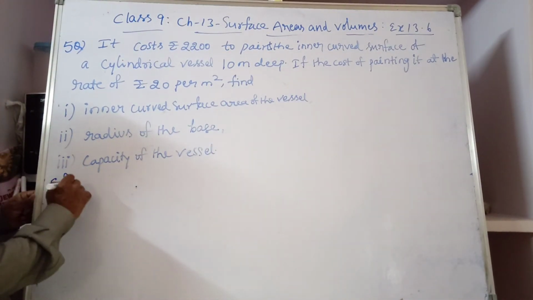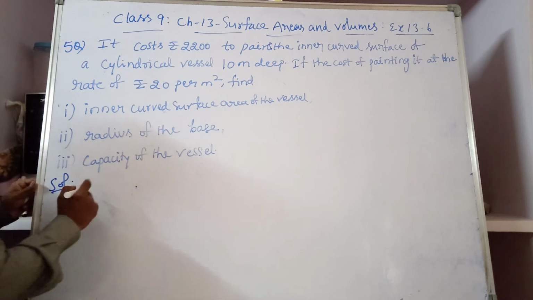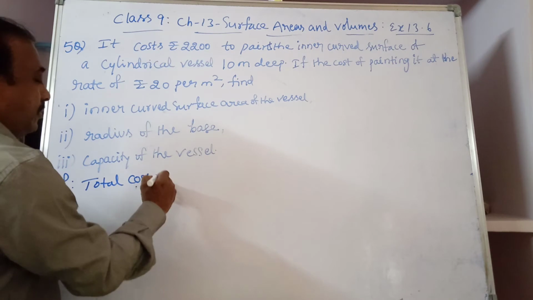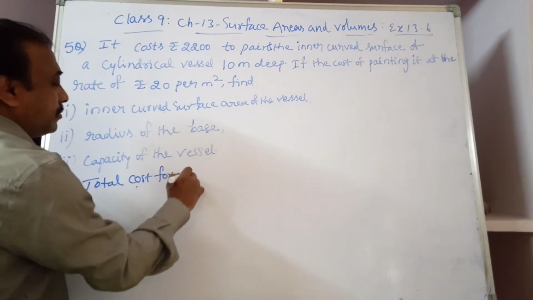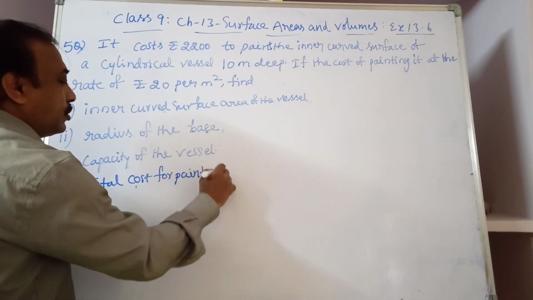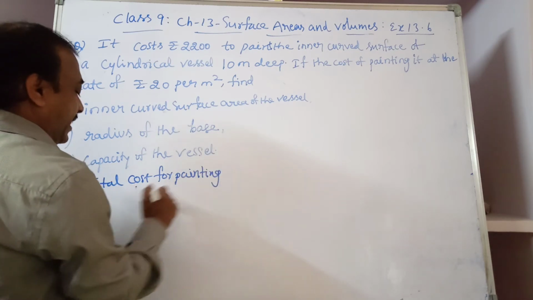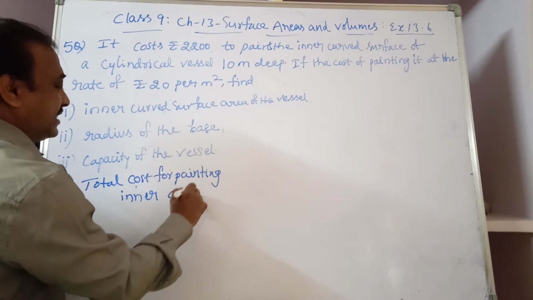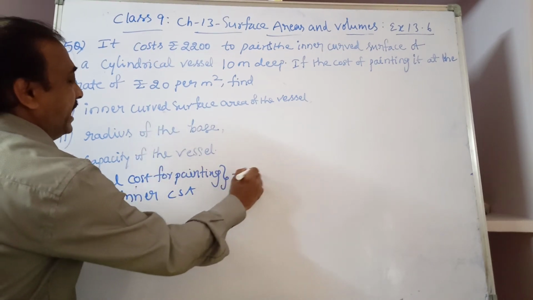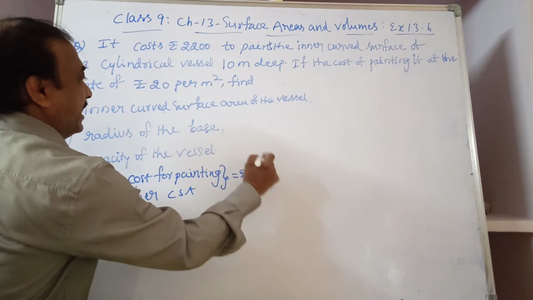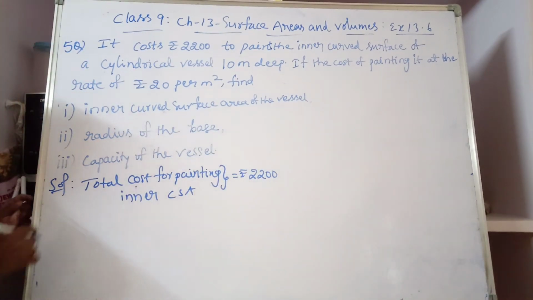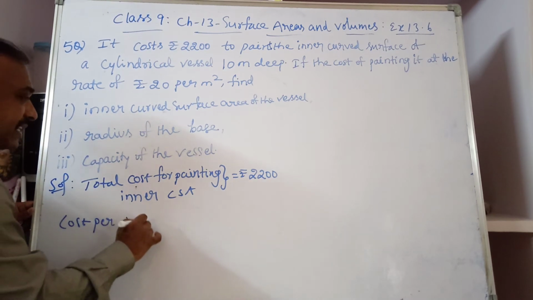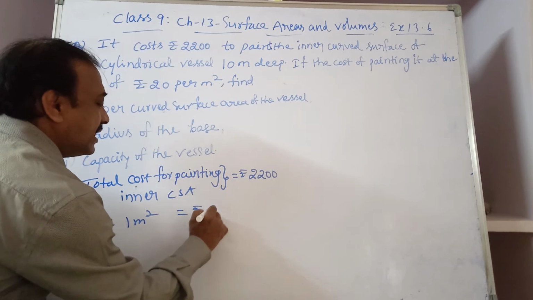Solution. Total cost for painting the inner CSA is rupees 2200. Cost per 1 meter square is rupees 20.